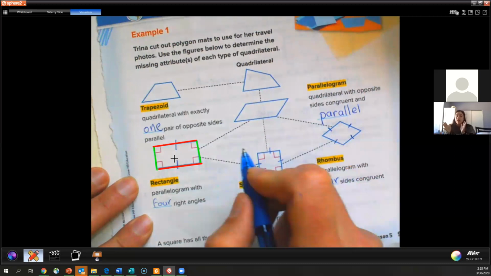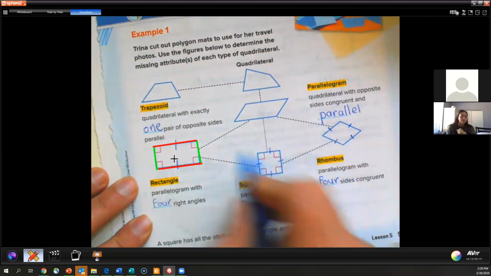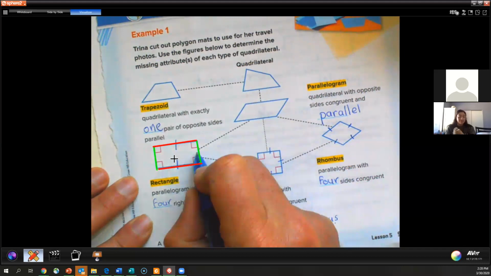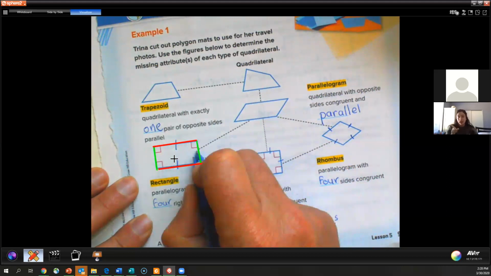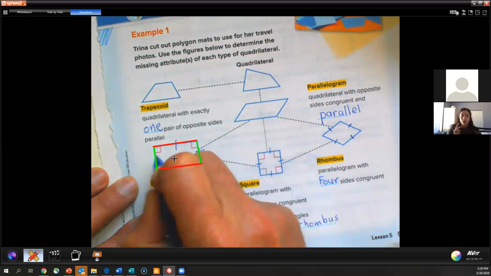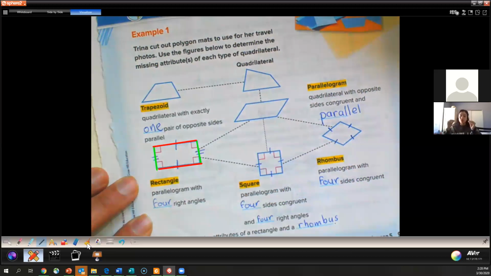So then let's take a look at our green ones. Mr. Yates, do those ones look congruent to you? Indeed they do. Yes, and boys and girls, if you're confused as to what congruent means, it means same size as well as same shape. So Mr. Yates is putting 2 tick marks on the green ones because those 2 match up, and then he put only 1 tick mark on the red ones because those 2 are the same.